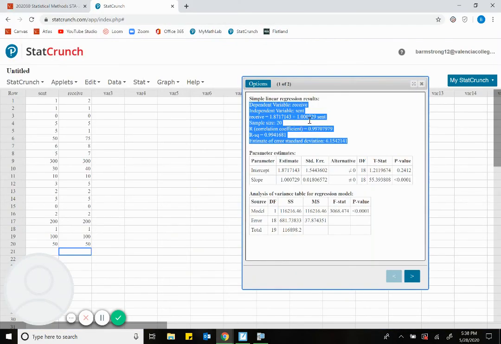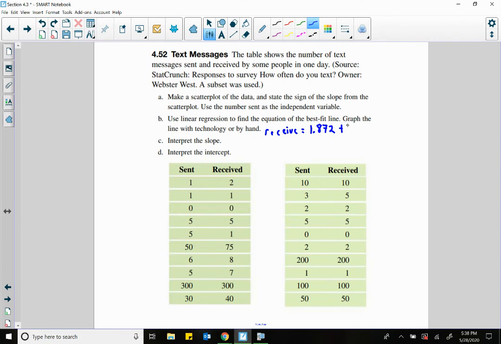Rounded to the nearest thousandth would be 1.001 sent. There's our equation. And now you know what C and D are all about.